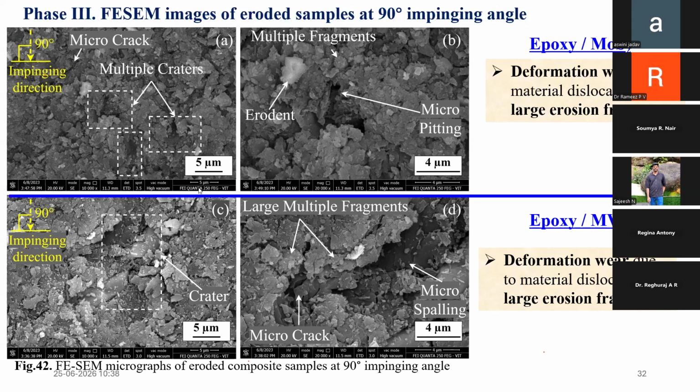One important thing I have to tell all the listeners is that once you compare two FESEM images, you have to compare similar magnification. A material with one magnification and another material with a totally different magnification should not be compared together. That's the thumb rule for finding out the mechanism.